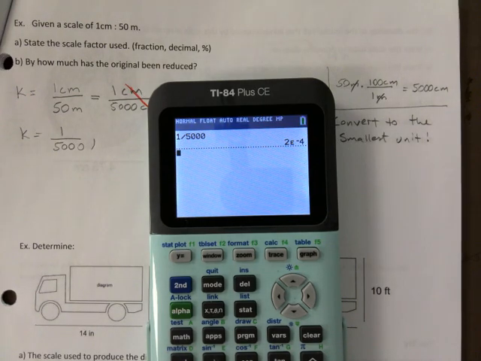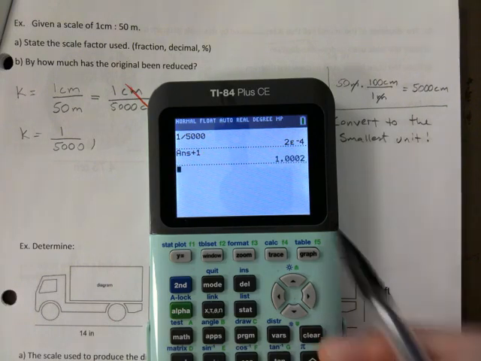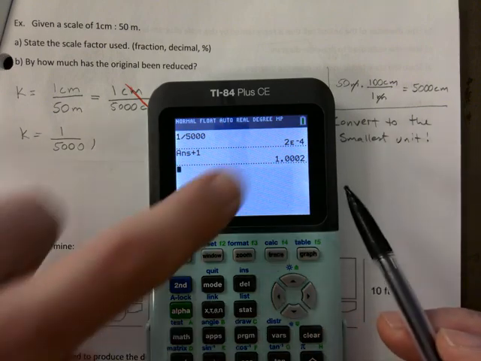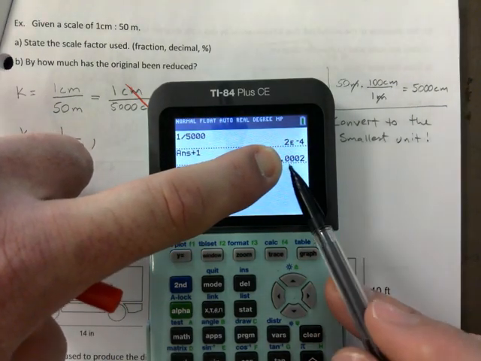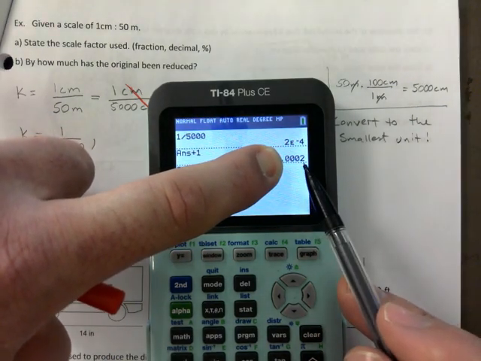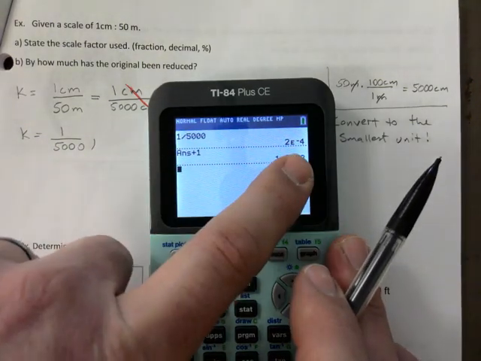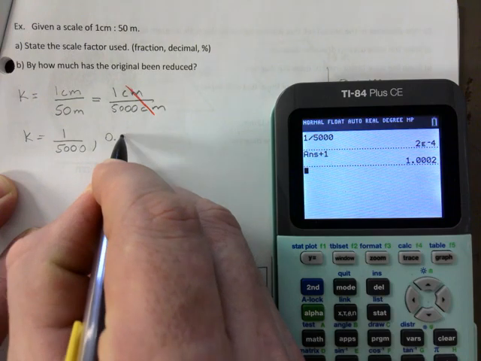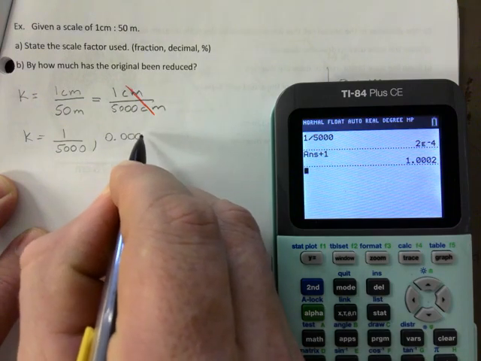This is the trick. You just add 1 to your answer. All you have to remember is don't include the 1. So it's really 0.0002. That's what e to the negative 4 is. I'll explain that in a bit. Let's just write this down first. 0.0002.